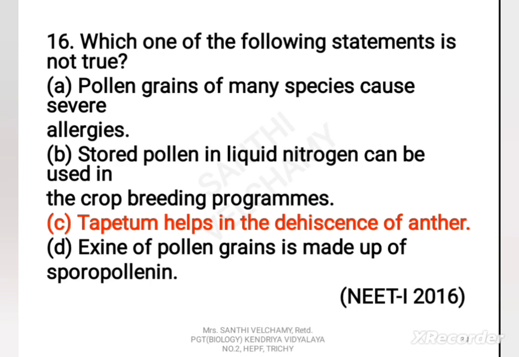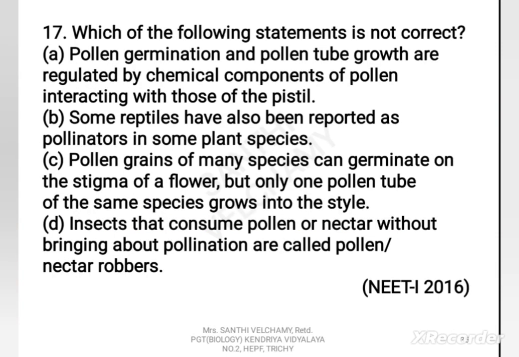Now the next question. Which of the following statements is not correct? A. Pollen germination and pollen tube growth are regulated by chemical components of pollen interacting with those of the pistil. B. Some reptiles have been reported as pollinators in some plant species.